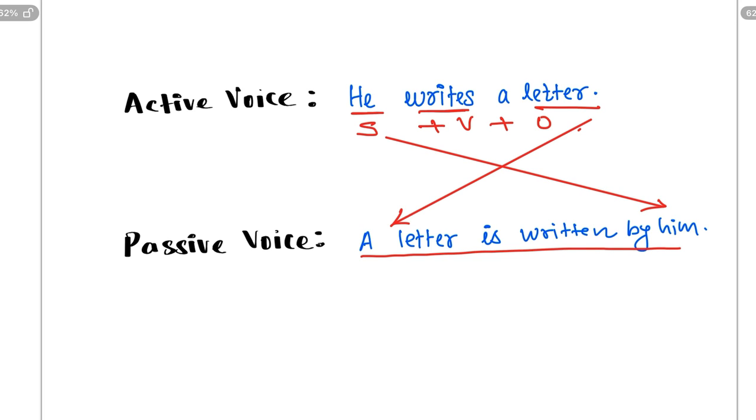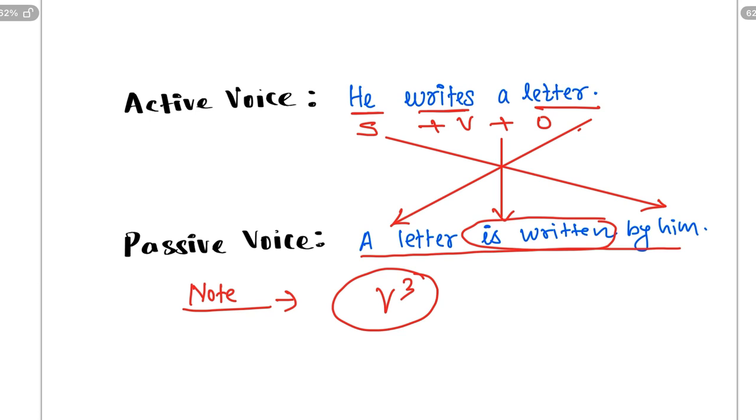The verb write has changed into is plus third form of the verb. So these are the basic changes when we change an active voice into passive voice. Note, in passive voice, the verb will always be in third form. In all types of passive voice, you will see the verb will be in third form.